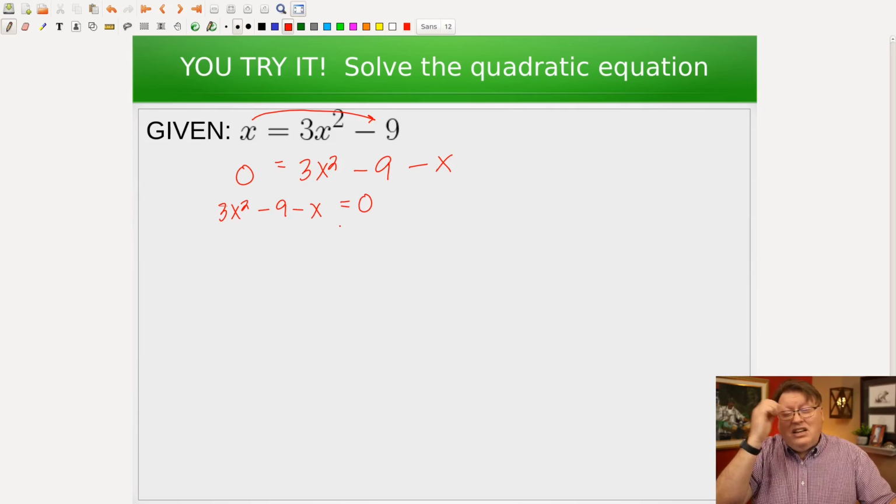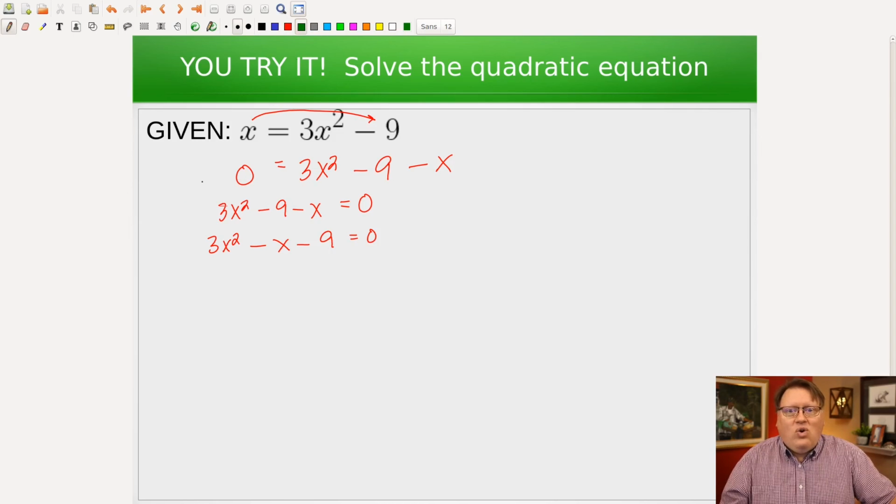Now, another thing to watch out for: these terms have to be in order. I need x squared, x, and then the constant before I pull my coefficients. So the negative 9 and the minus x are going to trade places. We write 3x squared minus x minus 9 is equal to 0.